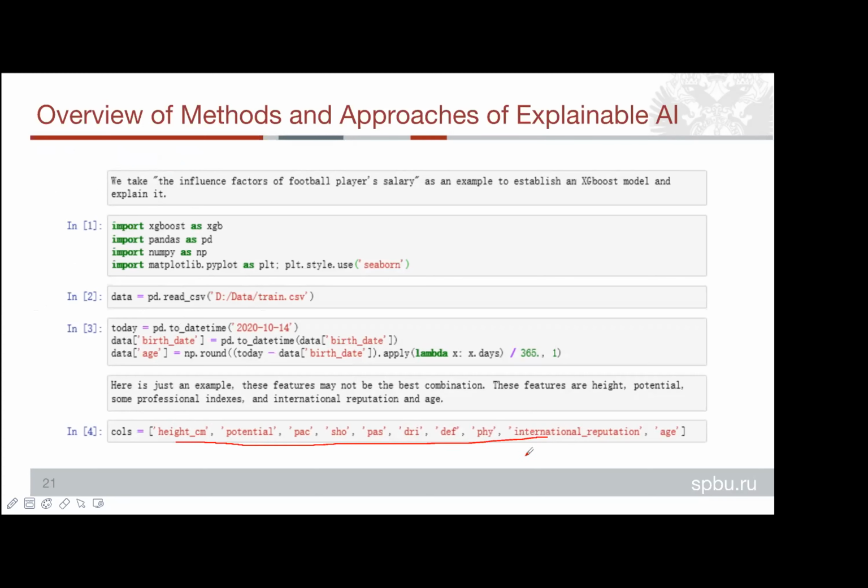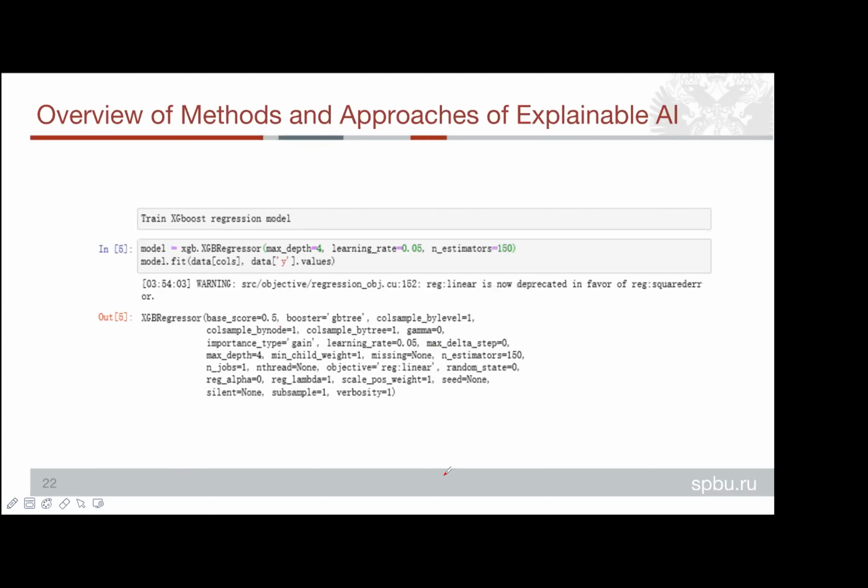But this is just an example; these features may not be the best combination. These features are height, potential, some professional indexes, international reputation and age. Then we train the XGBoost regression model. We set some parameters and we get our XGBoost model.